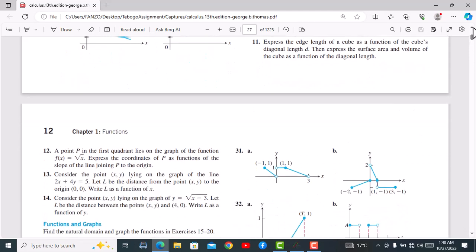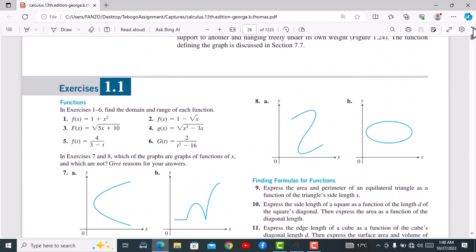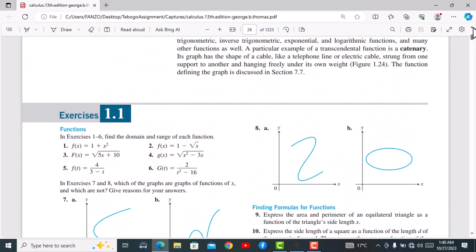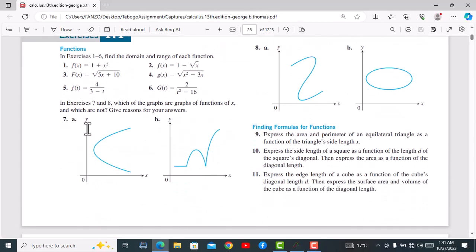And then from there we go to number 8, and this is also a function of x. Which ones? And give a reason for your answer. So it seems like, based on the Cartesian plane, of course, I'm reasoning based on the Cartesian plane, for every value of x you would get a corresponding value of y.